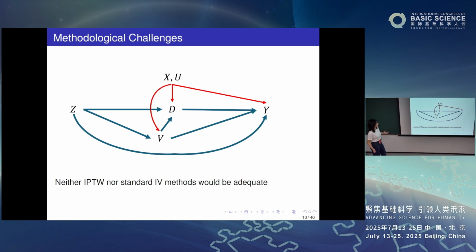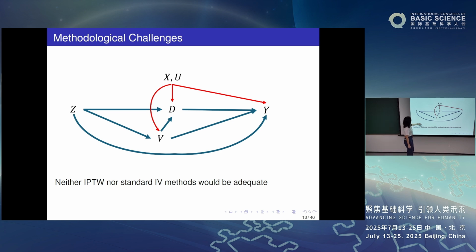And essentially, this is the causal structure that we suspect, or we think may be plausible, at least compared to the other assumptions.